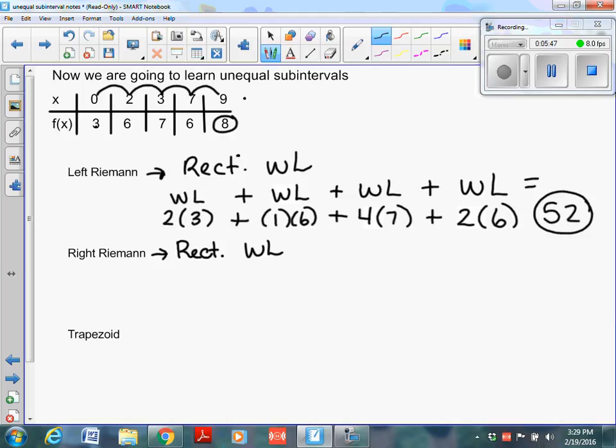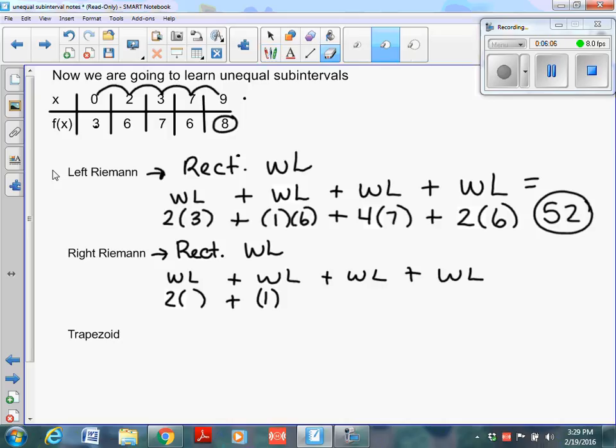Okay, it's the same concept with the right Riemann sum, and I'll do one more. Again, if you do the right one and it's unequal, you have to do WL plus another WL plus another WL plus another WL. So the W's are all staying the same. I'm going to make that a 1 with a parenthesis plus a 4 parentheses plus a 2 parentheses.